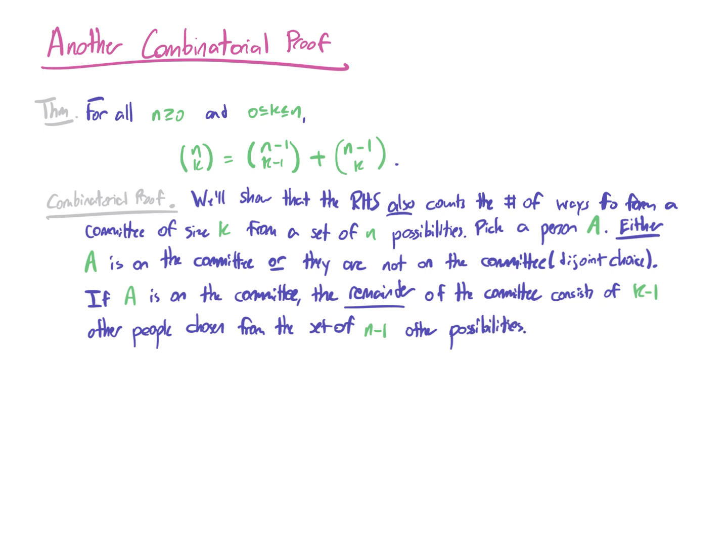Because if we know that A is on the committee already, there has to be k minus 1 other people to create a total of k. And we know those k minus 1 other people must come from the set of n minus 1 other possibilities, because A themselves was already a possibility and they've been accounted for. So this means that we have to choose k minus 1 people from a set of n minus 1 possibilities. So that means there are a total of n minus 1 choose k minus 1 ways for this to happen.